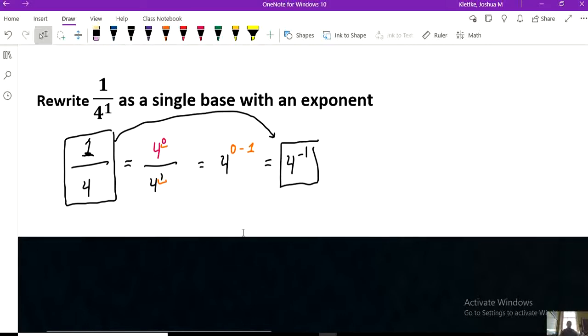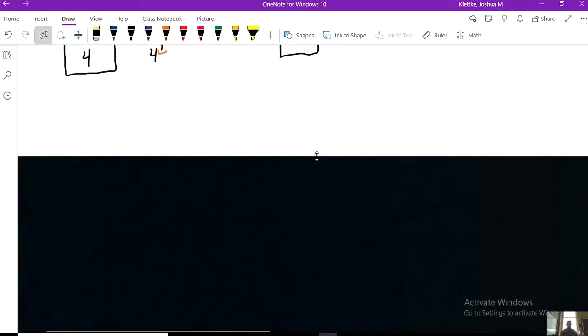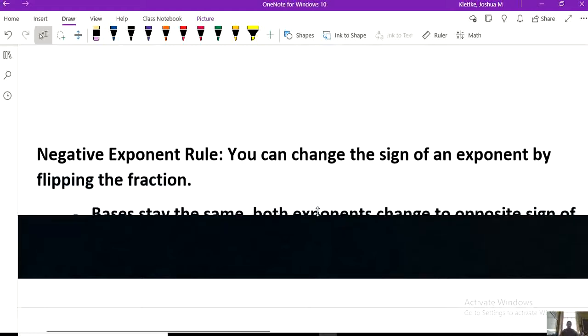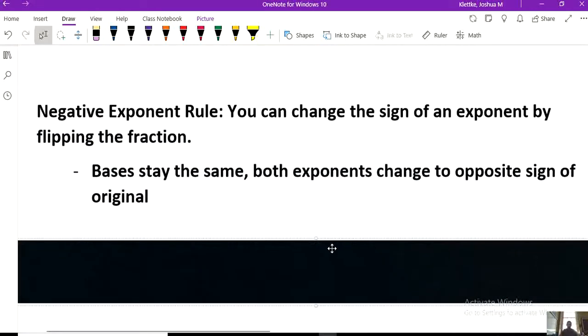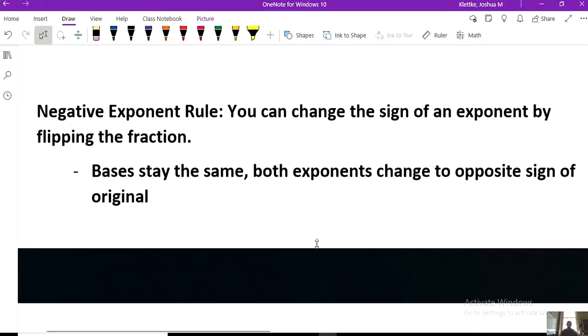So the shortcut rule for negative exponents is that we can change the sign of an exponent by flipping the fraction. Have to remember, though, that bases stay the same and both exponents change to the opposite sign of the original.